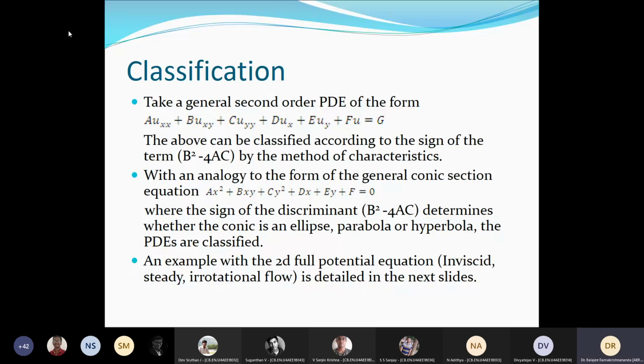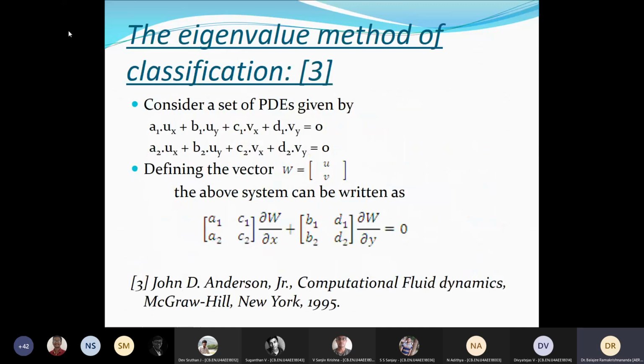So an example, the 2D full potential equation, which is inviscid steady irrotational flow, is detailed in the next slide. There's one eigenvalue method of classification also. Suppose you have two variables in second order.